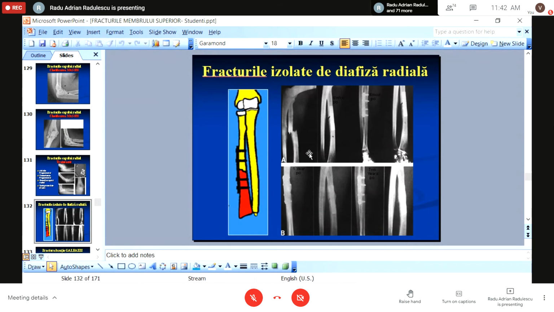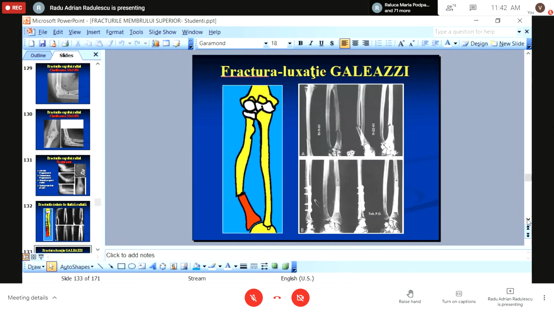These fractures may be isolated, or, as we'll see in the next slide, this fracture may be accompanied by a dislocation at the level of the distal radioulnar joint. This association between this dislocation and the diaphysis fracture is called fracture dislocation of Galeazzi, because it was described by Galeazzi.